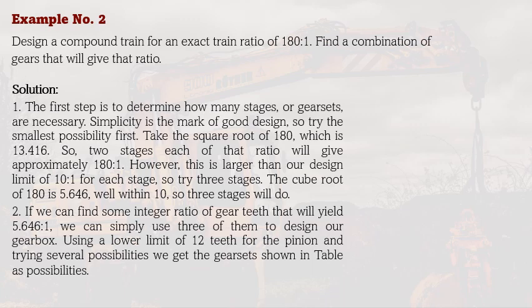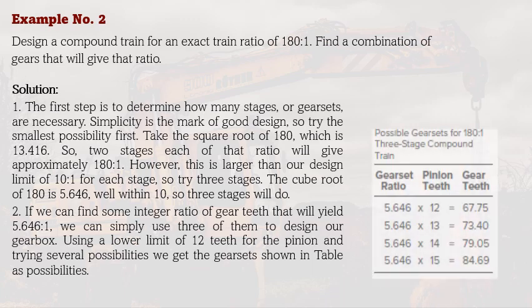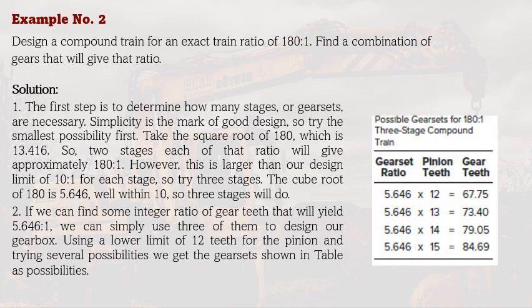Using a lower limit of 12 teeth for the pinion and trying several possibilities, we get the gear sets shown in the table as possibilities. The lower limit of 12 is chosen because of undercutting and interference considerations. So the possible gear sets for 180 with a 3-stage compound train are shown here.